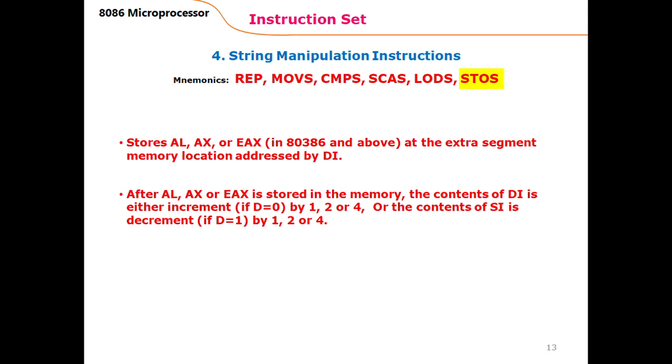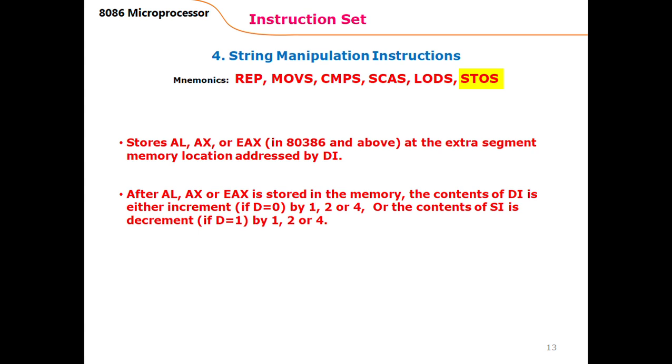So it stores a byte or word or double word in the extra segment memory location addressed by DI, and after the accumulator is stored in the memory, the contents of the destination index register are updated. It is either incremented by 1, 2, or 4 if the auto increment mode is set, or it is decremented by 1, 2, or 4 if the auto decrement mode is set.